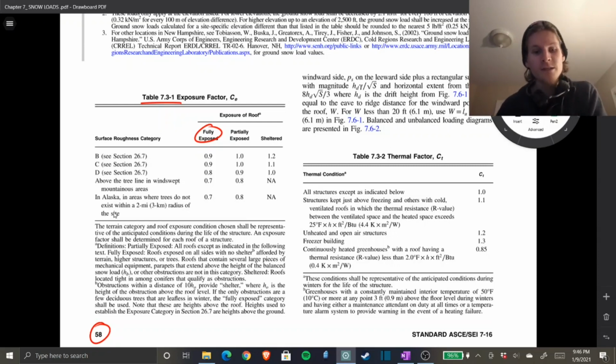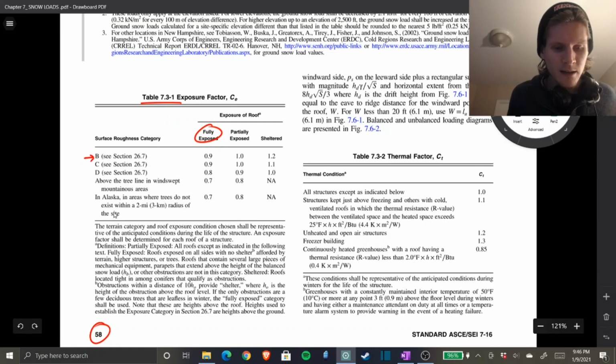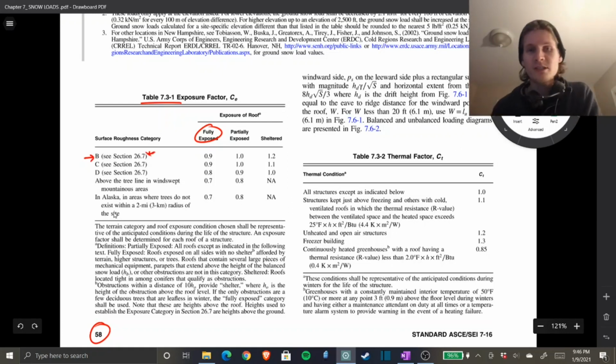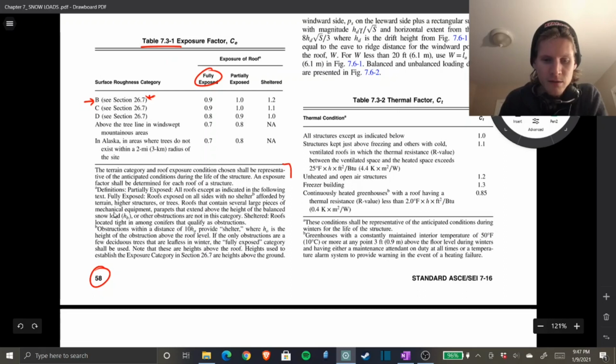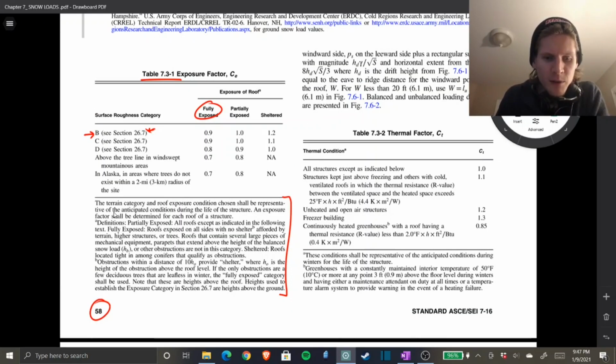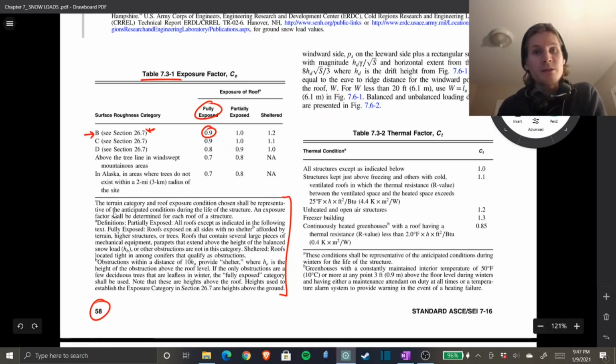And surface roughness we said was B. And again, they even give you a hint here. So see section 26.7 if you need to check that out. And again, fully exposed is explained right down here in the footnotes. So we have B and fully exposed. That gets us C sub E of 0.9 because it's just down and across. That's all that is. That's easy.